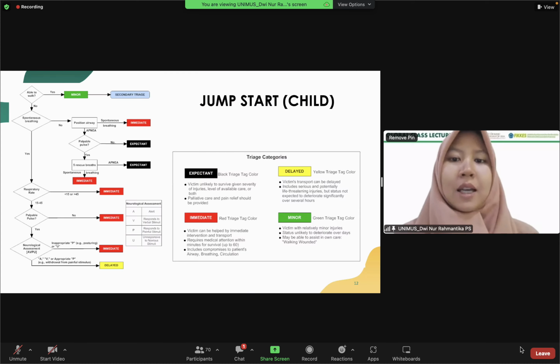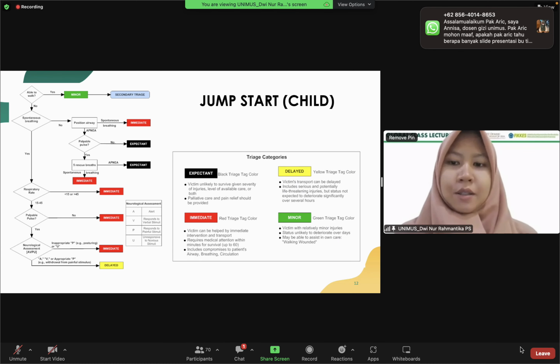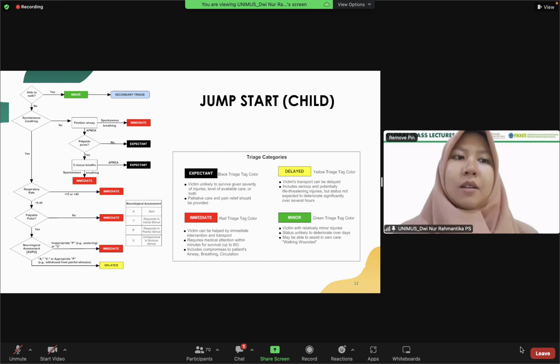Now, to sort patients based on their condition in a short time, for example, we have 100 victims and we should sort them in only 5 or 10 minutes.